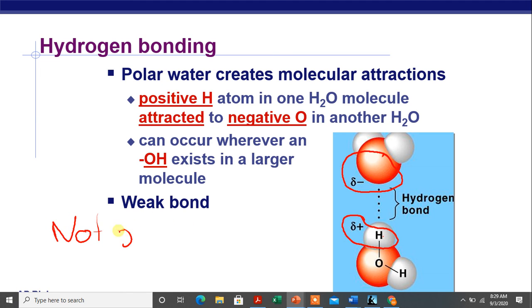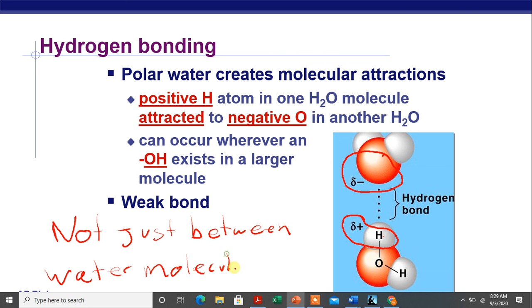Not just between water molecules. So, for example, when we talk about nucleic acids, the base pairs in nucleic acids are joined together via hydrogen bonds. So, not just water molecules.